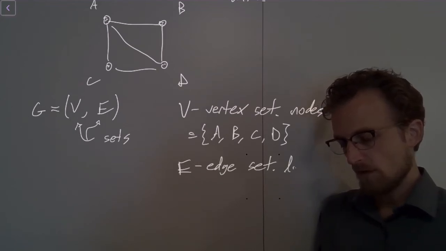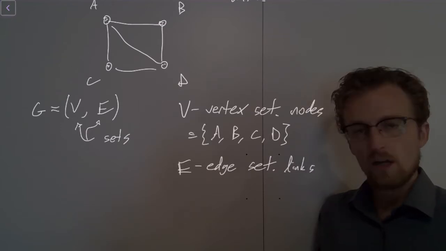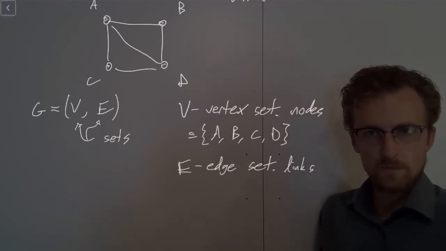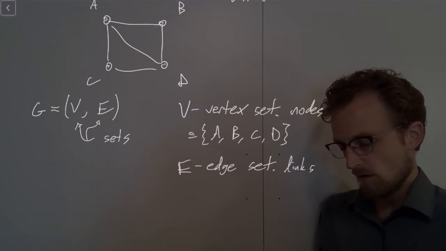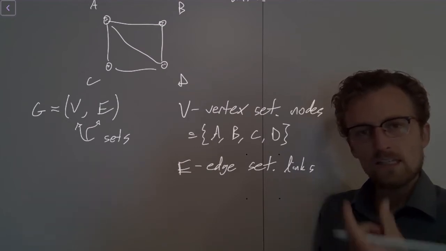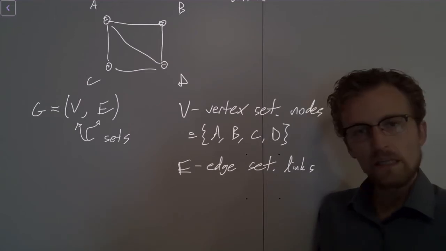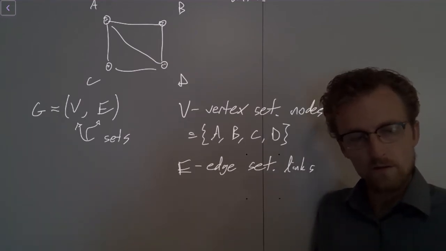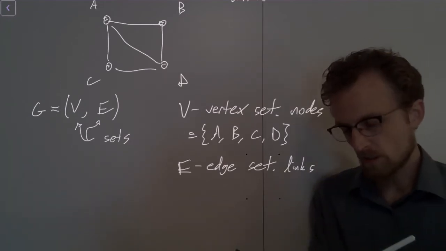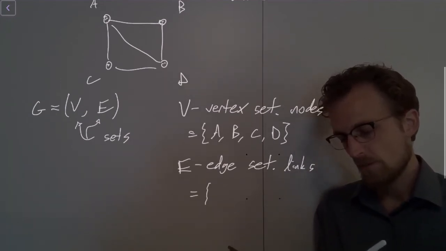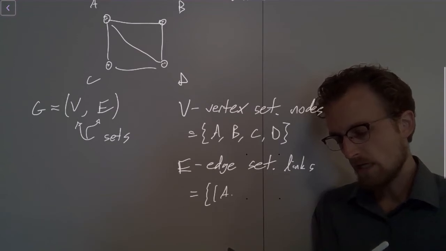In more common English phraseology, this is the set of links. A link has to exist between a pair of vertices. That means the edge set contains a bunch of pairs of vertices. In this particular example, we can write the edge set as AB.